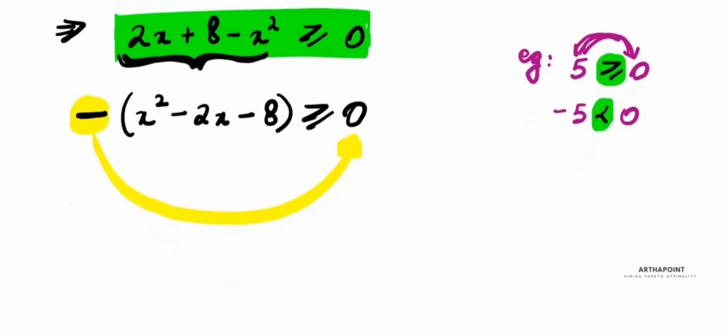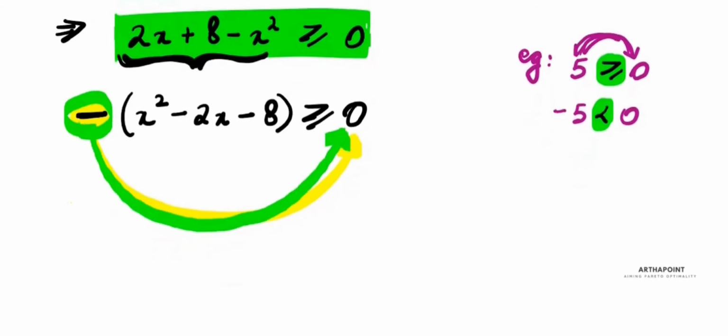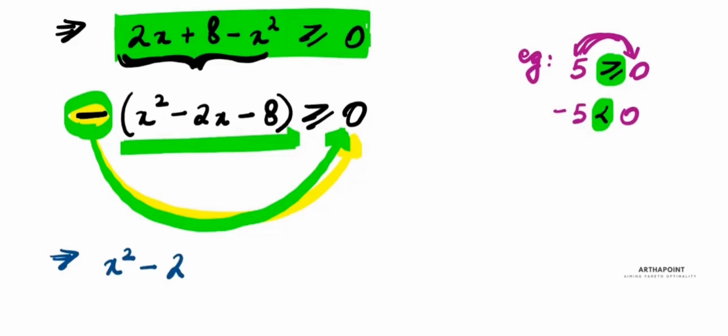So if I have to bring this negative sign onto the other side, if I'm saying this is greater than or equal to 0, then this means that I'm also going ahead and saying that x square minus 2x minus 8 without the negative sign is less than 0.